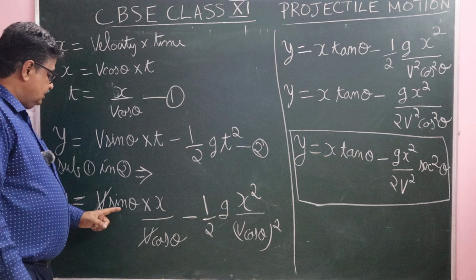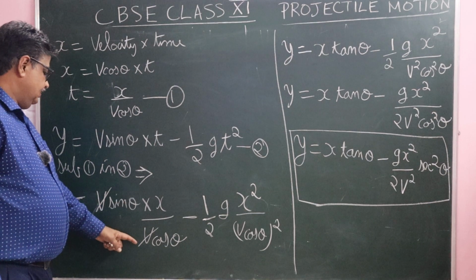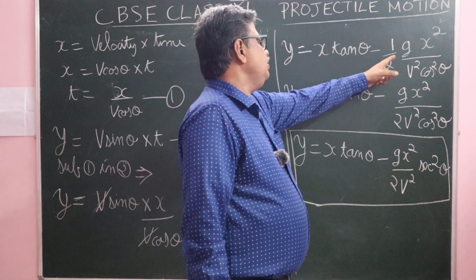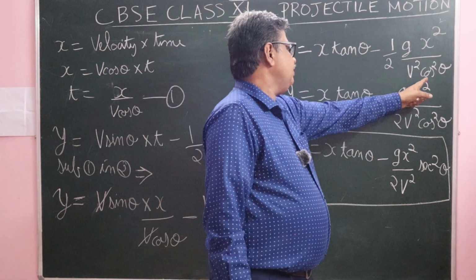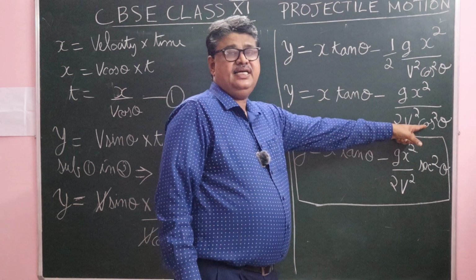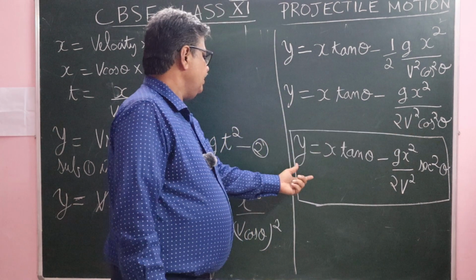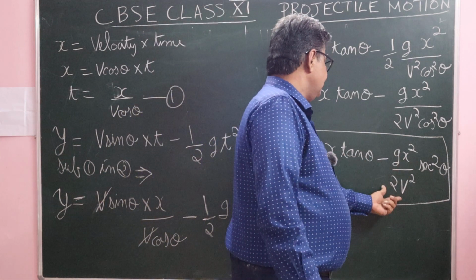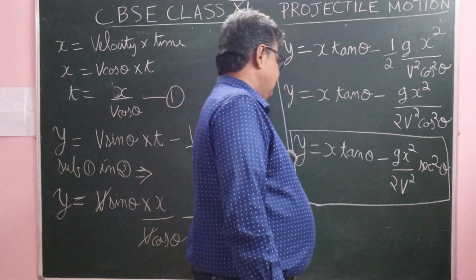Here v cancels, sin theta by cos theta is tan theta, therefore x tan theta minus g x square by 2 v square cos square theta. Therefore this becomes 1 by cos square theta, which is secant square theta. Therefore y is equal to x tan theta minus g x square by 2 v square into secant square theta.